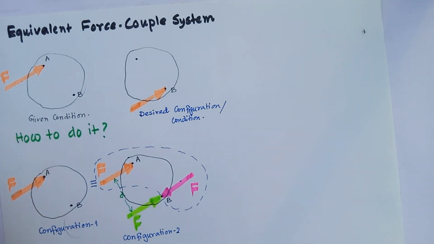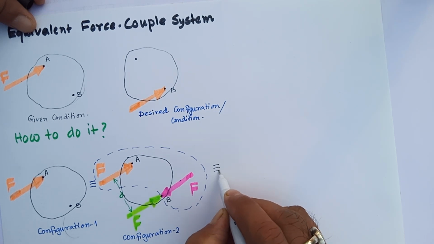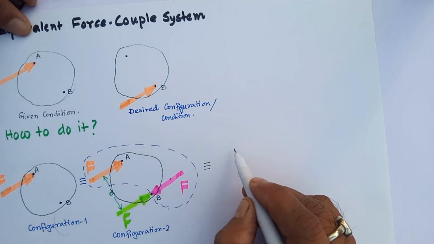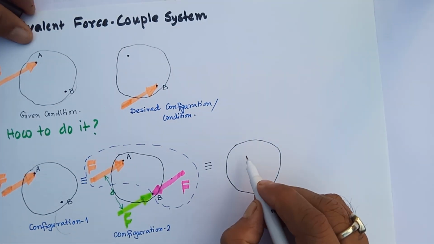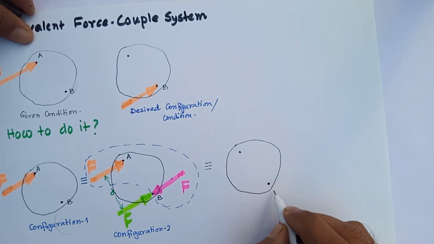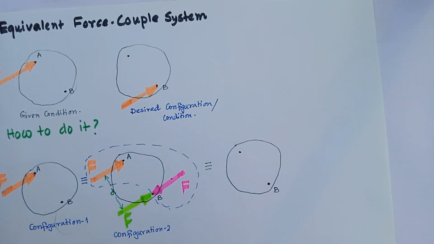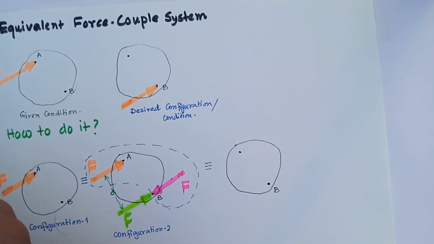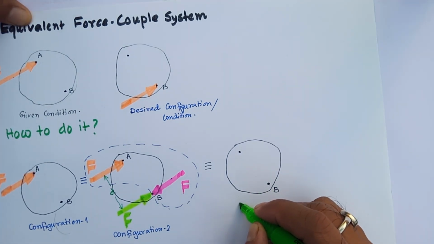So if I draw the third figure, configuration 3, I redraw this object again. I draw two points A and B. B is here. Therefore I draw this force here.